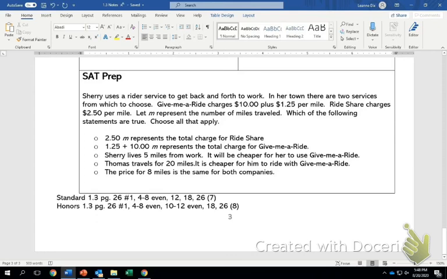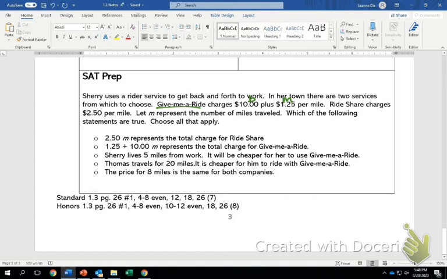So with this one, the first thing we are going to do is just, again, create equations for our 2 particular things that we're comparing, which are the ride-sharing services. So I'll represent Give Me a Ride with a G, and I'll connect that with the $10. And that $10 right there is going to be our starting cost no matter what. So that's our B value.